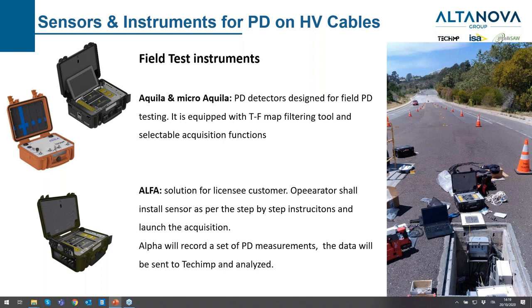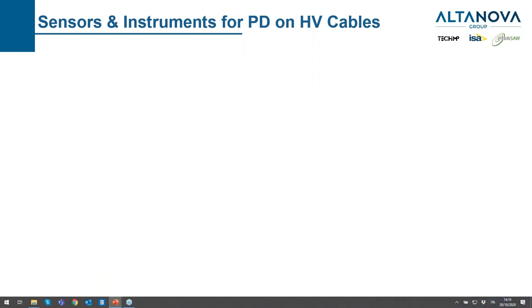Do you have available ground leads or not? Is that current of the cable or not? It then gives the user instructions for the sensor installation, and then you can launch an automatic acquisition. So even an unskilled operator, or someone that doesn't want to learn too much about PD testing, can perform a good acquisition with the Alpha unit.